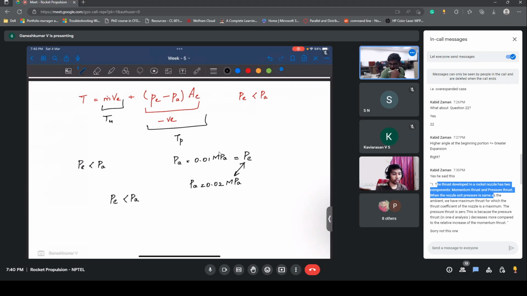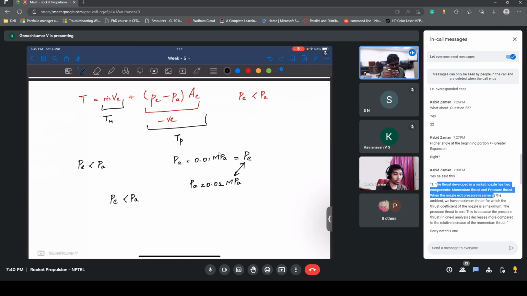Basically, there are two ways to think about it. Because it's an overexpanded nozzle, you can consider flow separation. Then there's going to be an adverse pressure gradient, there's going to be a shock, and this shock will make your pressure reach ambient pressure, right?